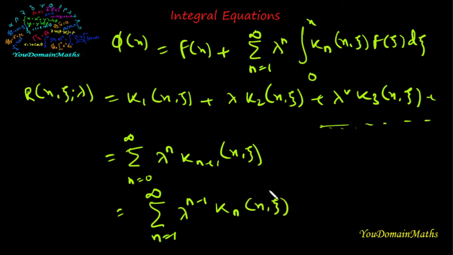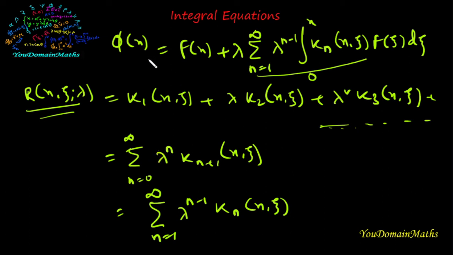These two are the same, but the written form is different. When we start from n = 1, if we take out a common λ, it can be written as λ^(n−1). So this can be written as the resolvent kernel.